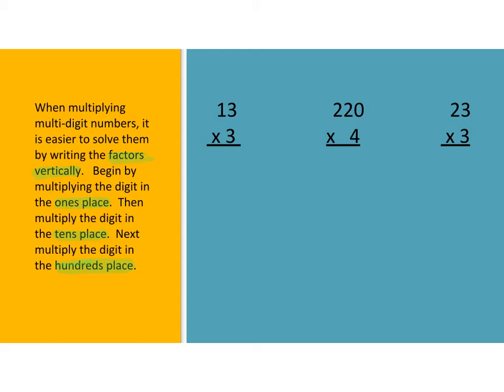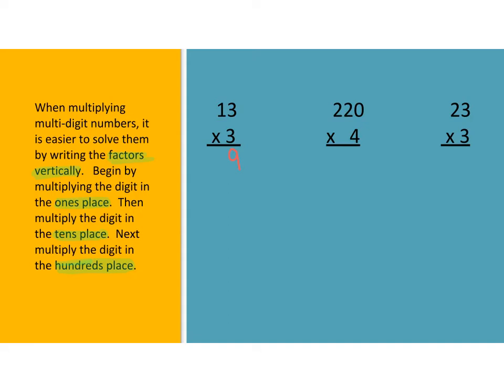In the 3 examples to the right, I have written the multiplication problem vertically. If we're looking at the first one on the left, 13 times 3, I'm going to multiply the 3 by the number in the ones place above it first. 3 times 3 is 9. So I'm going to put that down below.